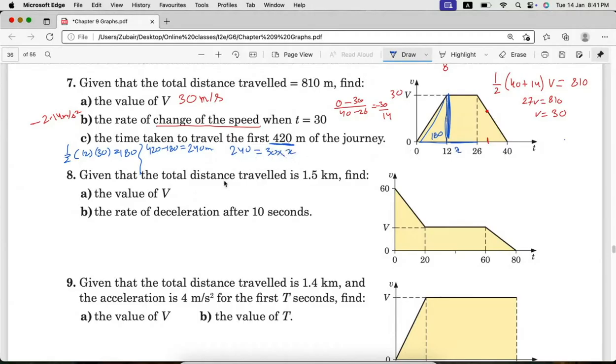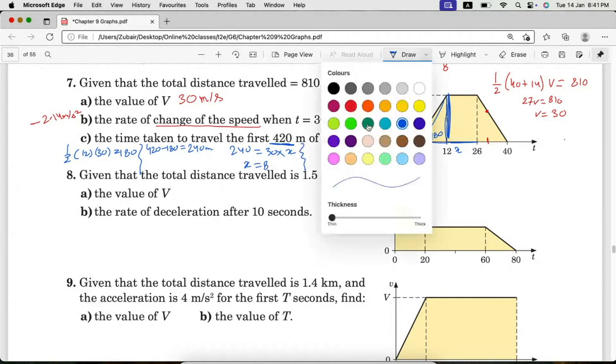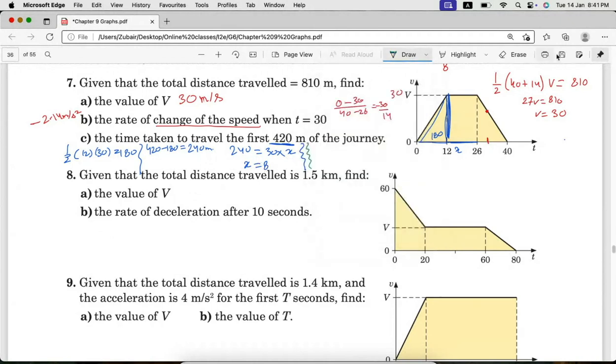So 240 divided by 30, I'm getting 8. Any doubt? No, sir. So basically, 12 plus 8 is 20. So at time 20, it would have covered 420 meters.